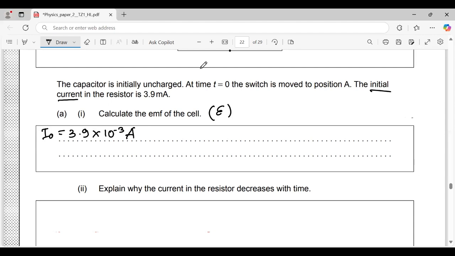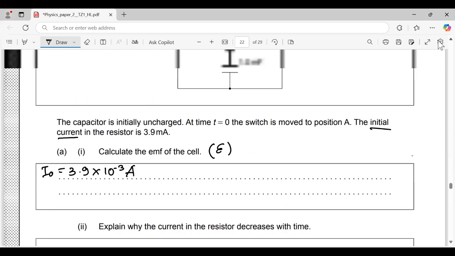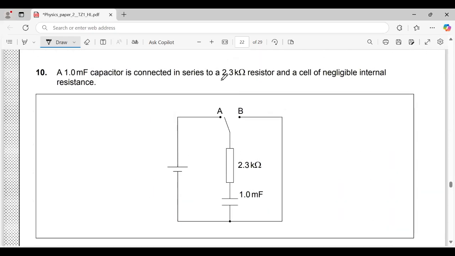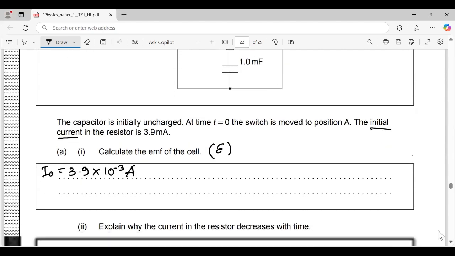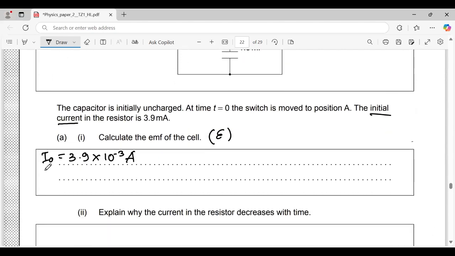And after that, the resistor is 2.3 kilo ohms. So R equals 2.3 kilo ohms, which means 2.3 times 10 cube ohms.